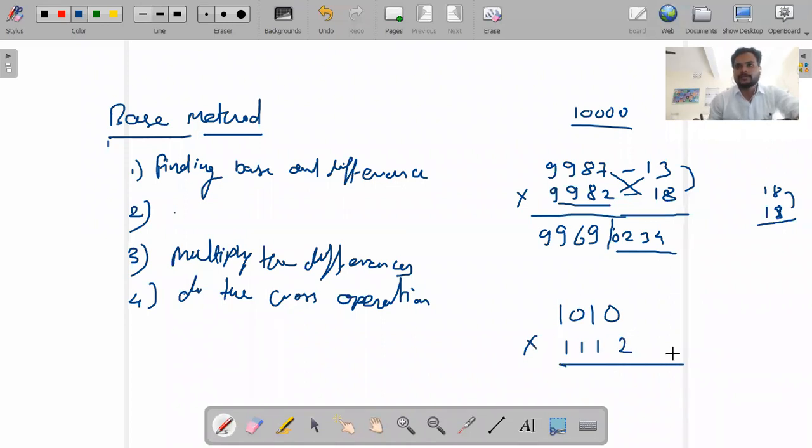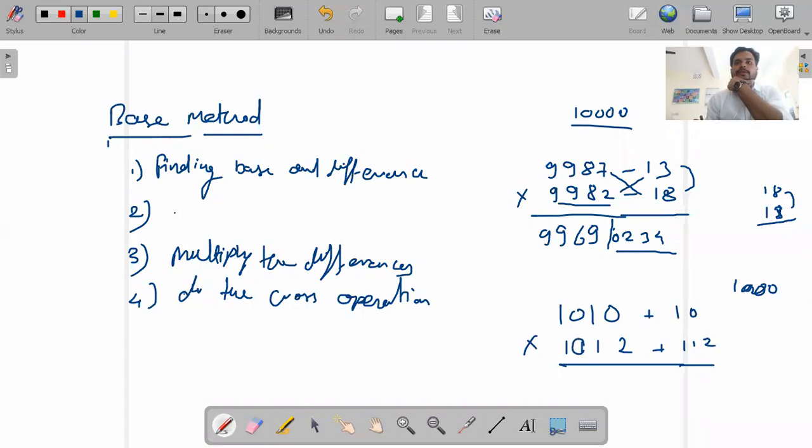What will the base be? 1000 will be the base, right? Then what is the difference here? Plus 10, because 1010 is nothing but 1000 plus 10. That's why plus 10 is there.